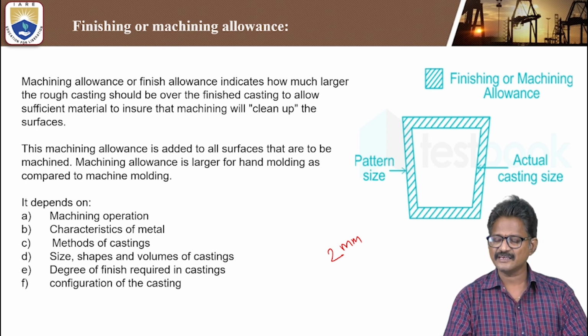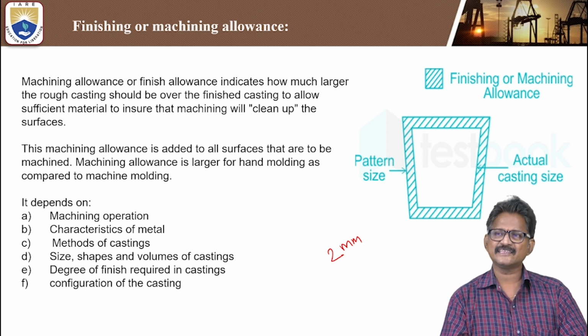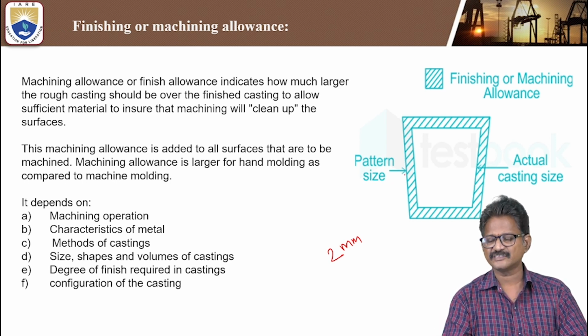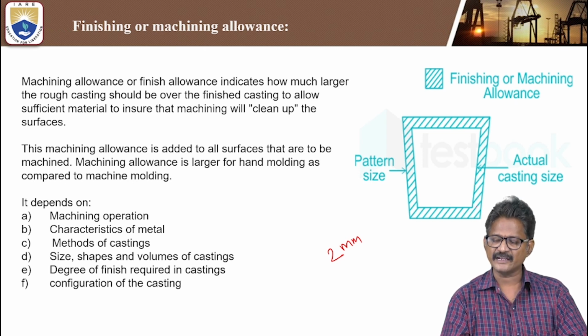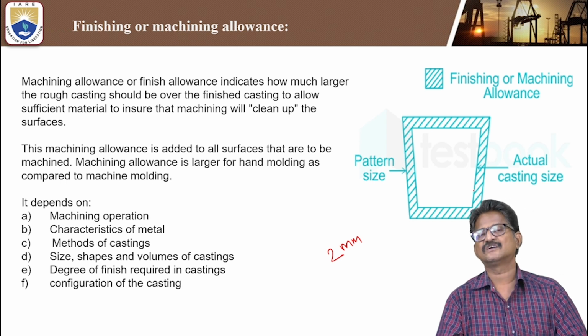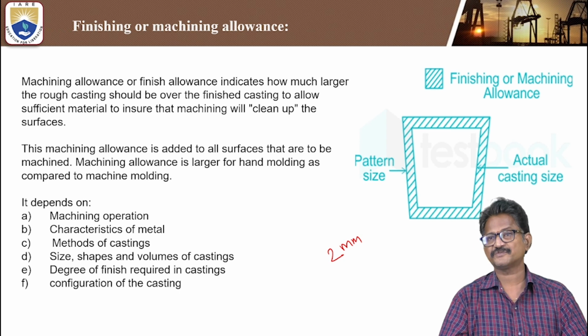Okay, in the diagram we can clearly understand what the actual size is and what the pattern size is. The pattern size is outside, the actual size is inside. So after getting the component, definitely this amount can be removed so that you will get a good quality component with a better surface finish.